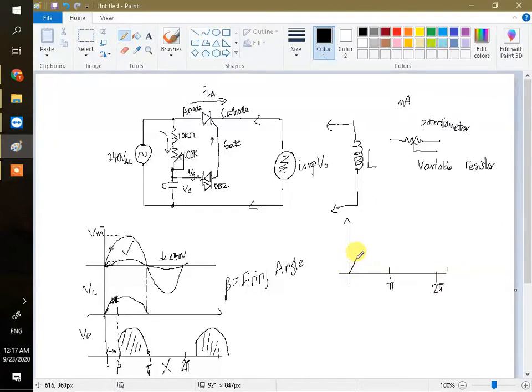The voltage will flow, but the inductor will slow down the current, so the current will pass over the pi, over 180 degrees. The current will flow over 180 degrees, and this is the output current, which will be slowed down.